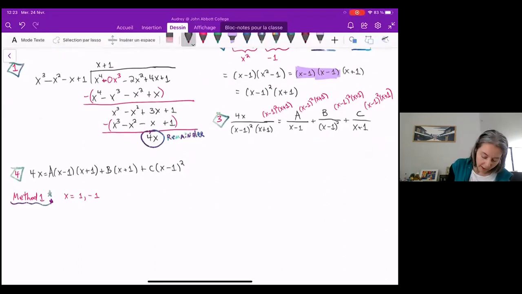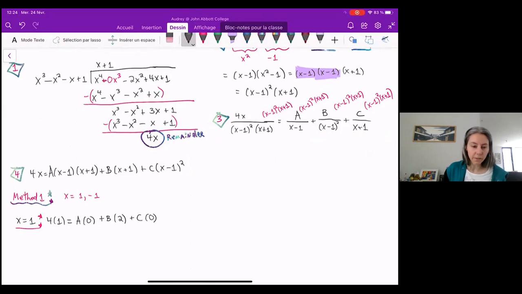So here I'll have x is equal to 1 that I plug into my equation. So I get 4 times 1 is equal to a times 0 plus b times 2 plus c times 0. And this gives me that 4 is equal to 2b, so b is equal to 2.